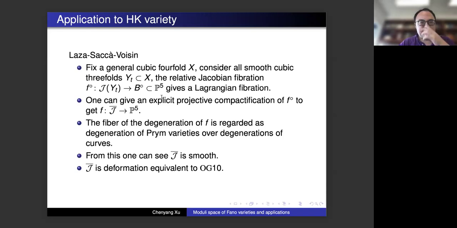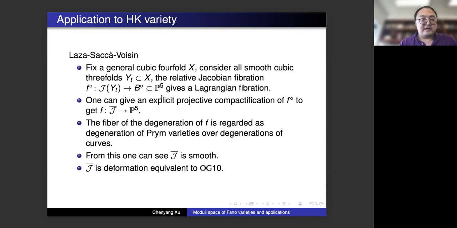So I think 7 years ago, Laza, Saccà, and Voisin had this very nice result: if I consider a general cubic fourfold X, and I consider all smooth cubic threefolds Y_t inside it, then you can study the relative Jacobian fibration. This was known to be a Lagrangian fibration.